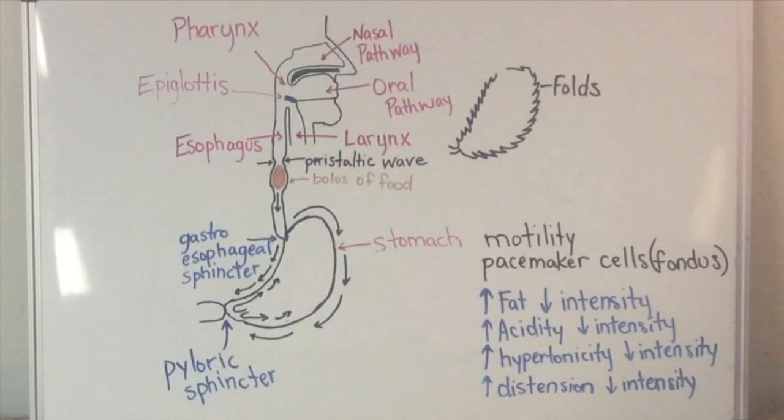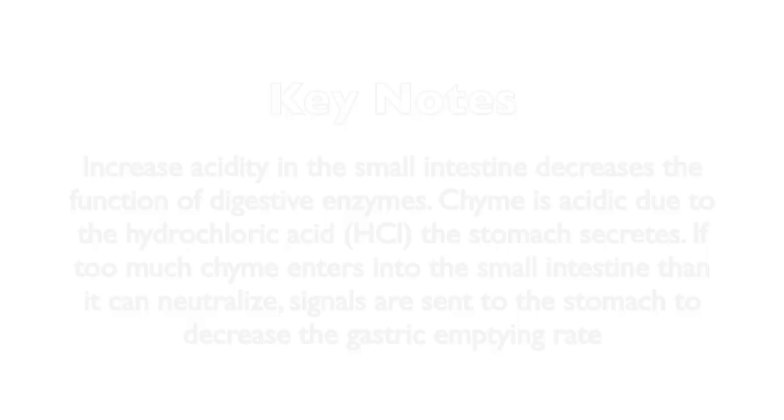If too much chyme enters into the small intestine, this decreases the ability of the small intestine to neutralize it and will lead to an increase in acidity. This will slow gastric emptying by decreasing the intensity of antrum contractions until the small intestine is able to neutralize the acids present within it.